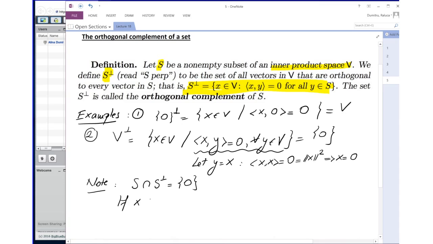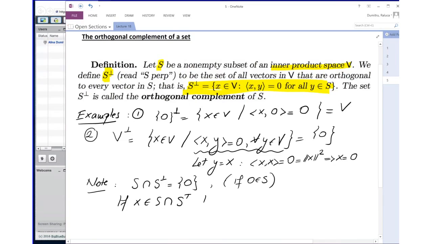Well, same argument as above. I would assume that 0 is in S anyways, right? Because otherwise it doesn't make sense. I just said S is a set. Usually S will be a subspace, so it automatically contains the zero vector, that's what I had in mind. But if it's just a set, it must have the 0 in there for this picture to make sense.